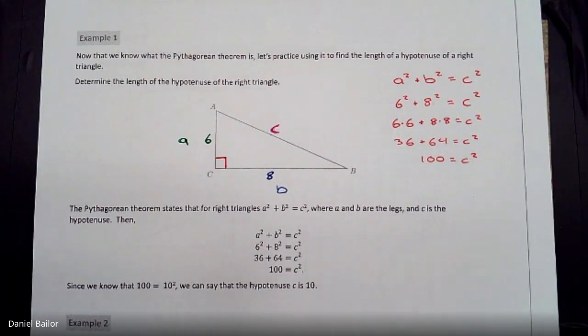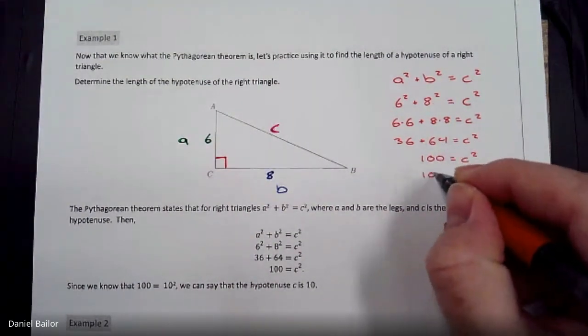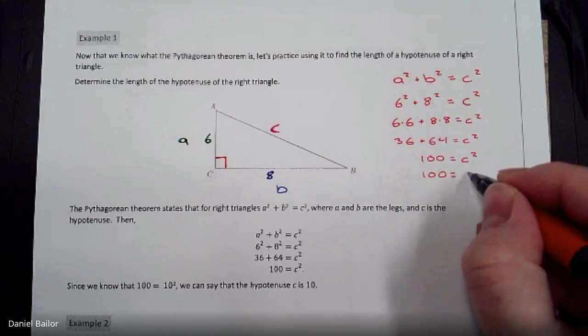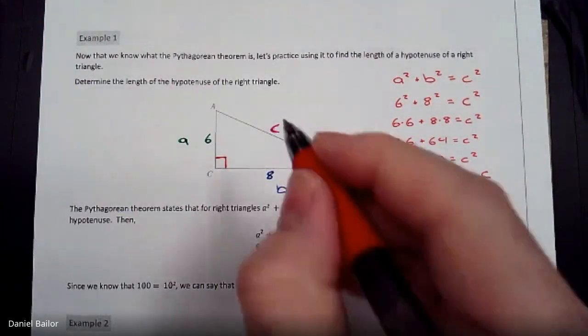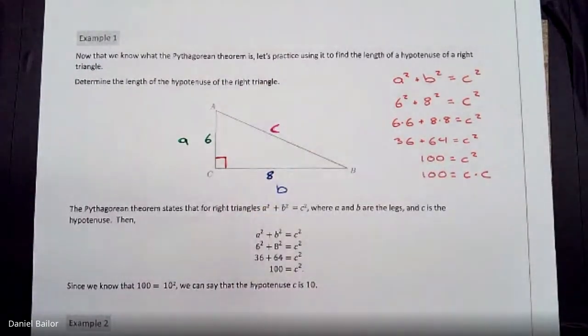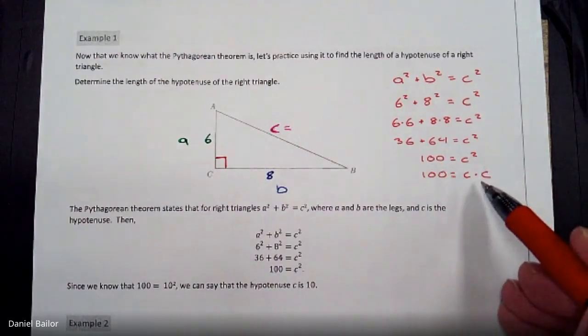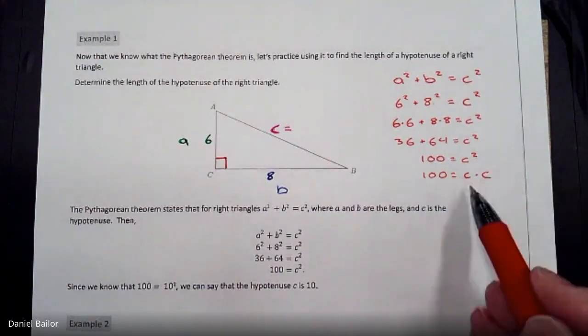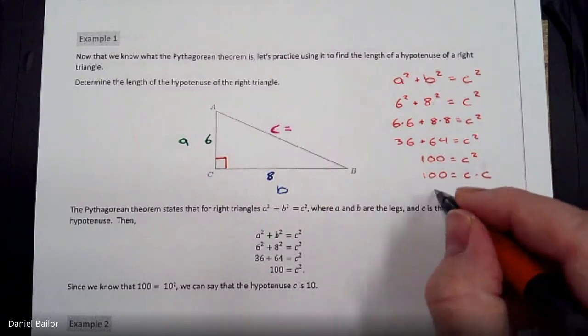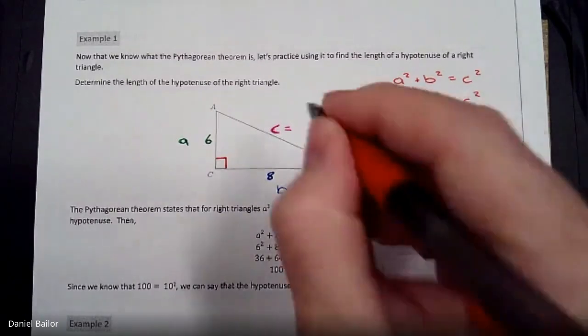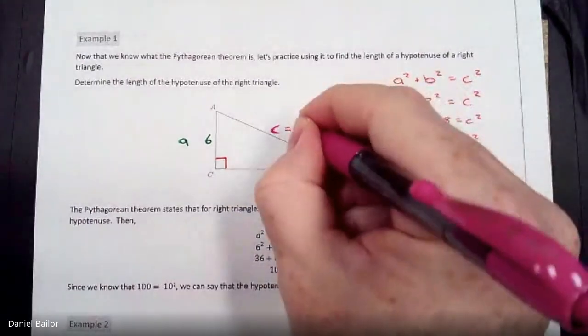Now, we actually know what C is because 100 is a perfect square. If I tell you that 100 equals C squared, you know 100 equals C times C. So what is C by itself? If C times C makes 100, well, you should know that 10 times 10 makes 100. So C by itself has to equal just 10.